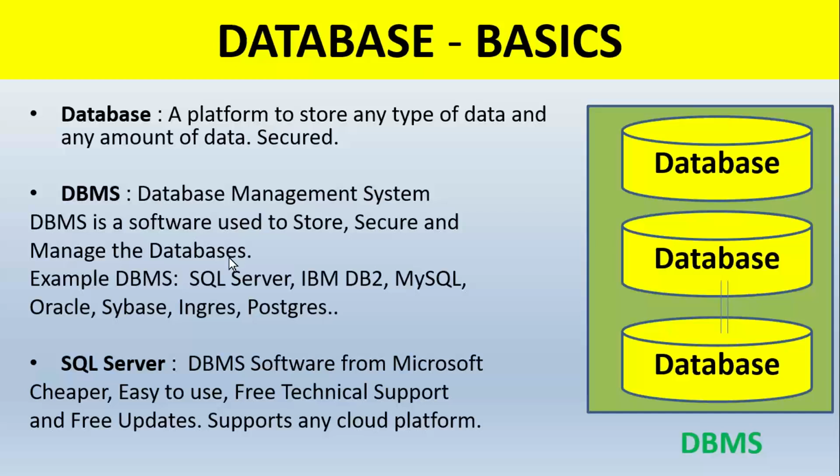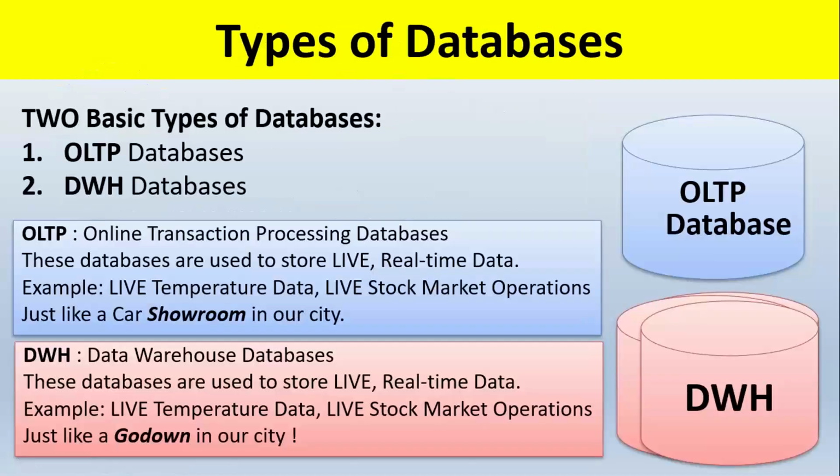There are two types of databases, two broad categories of databases. Based on these two types, majority of the job roles depend on OLTP, data warehouse, DWH. OLTP, online transaction processing databases.